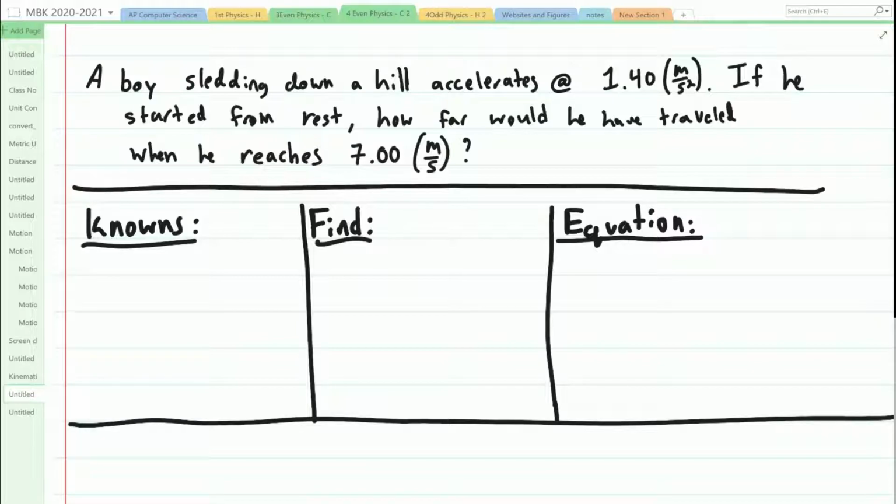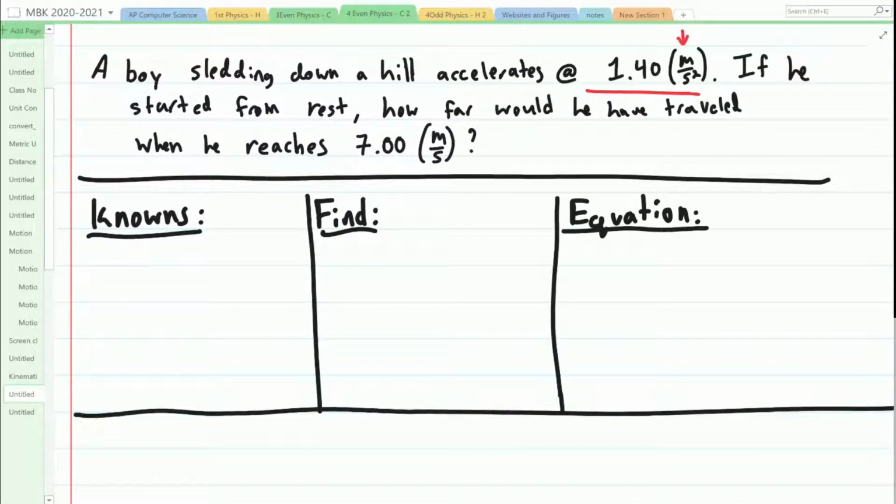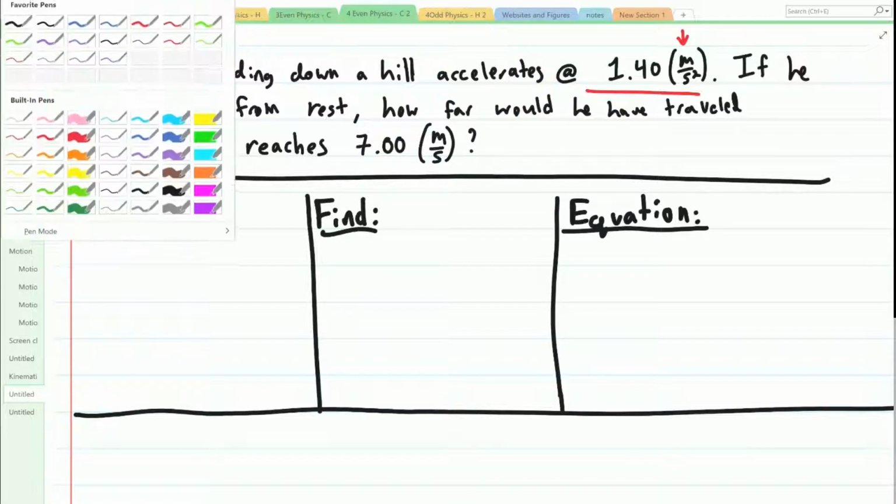Okay. So he's sledding down the hill. He accelerates at 1.4 meters per second squared. So the meters per second squared clues us in that this is going to be our acceleration, even if I didn't have the word accelerates here to clue us into that.